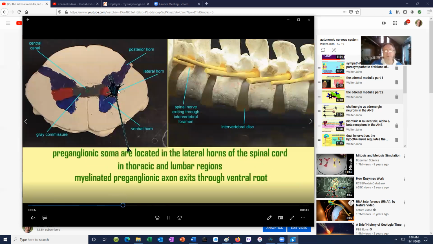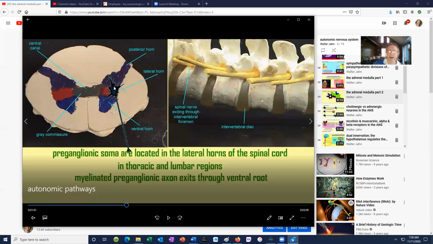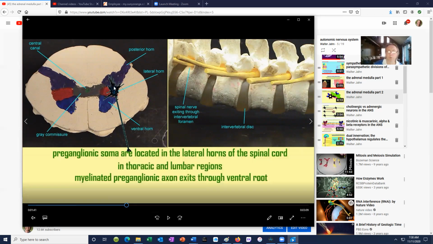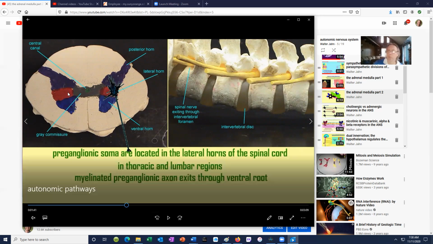And the way that it's structured is that the preganglionic soma is located in the spinal cord, and interestingly, in the lateral horns of the spinal cord. So for example, if you were to look at the spinal cord at the sacral level, you wouldn't see this red region, the lateral horns, that's found in the thoracic and lumbar region.